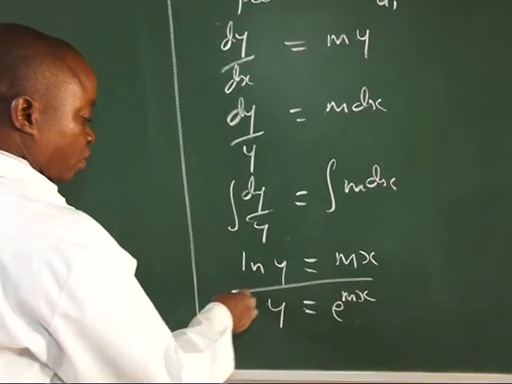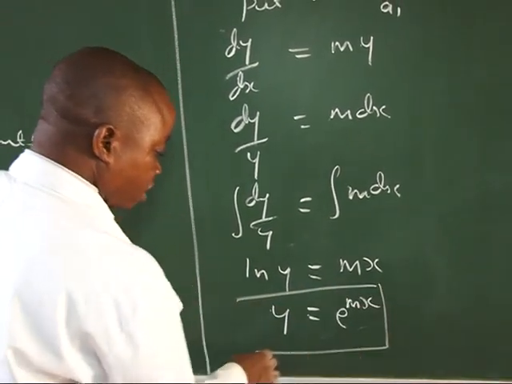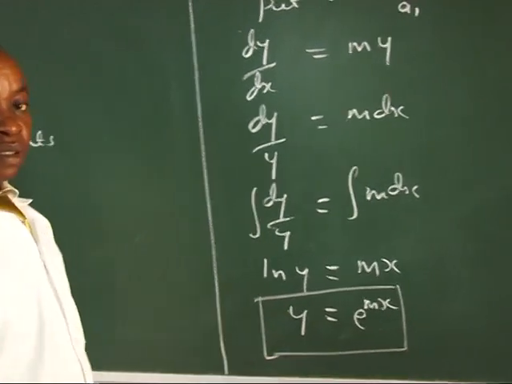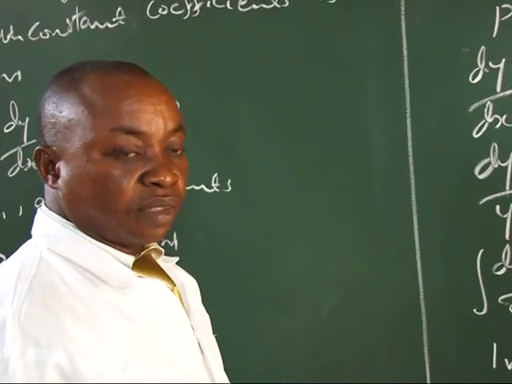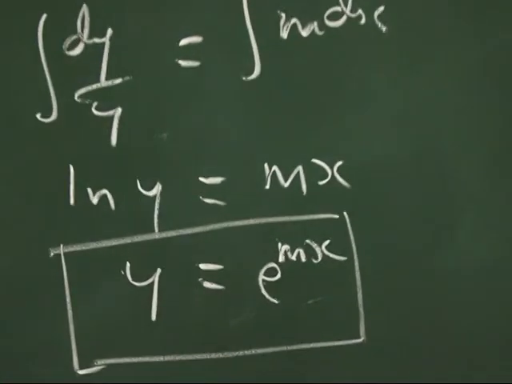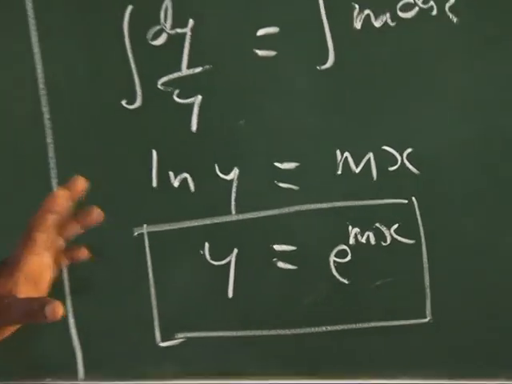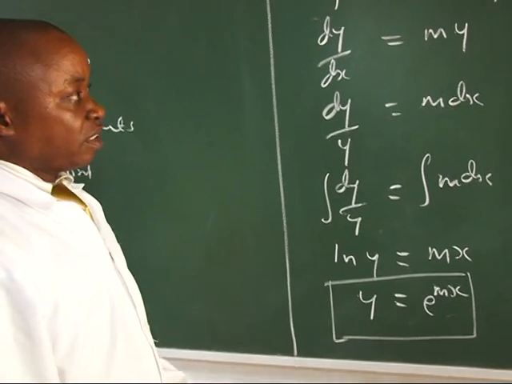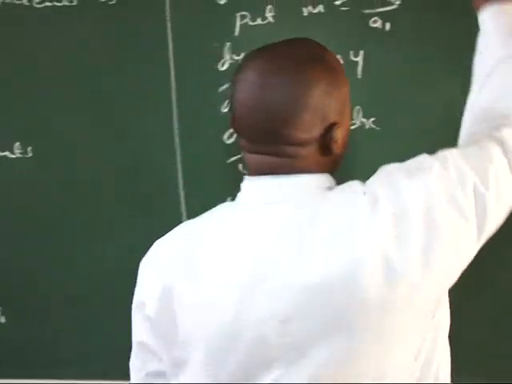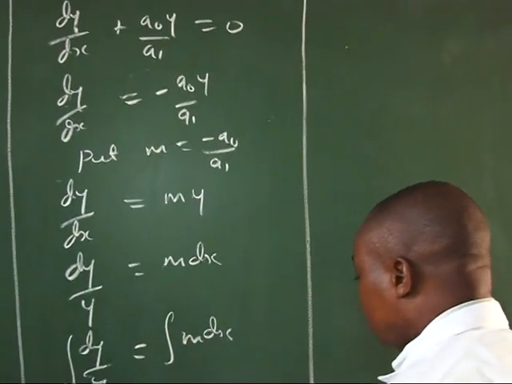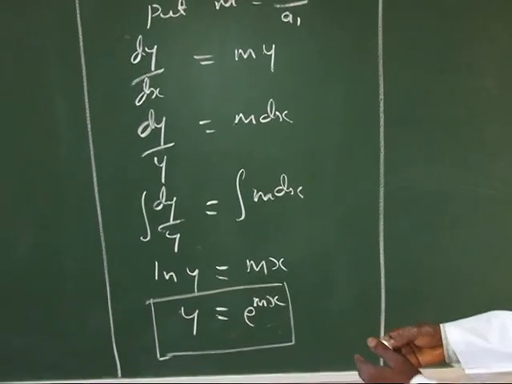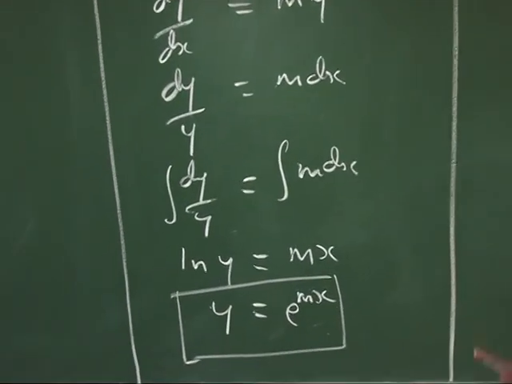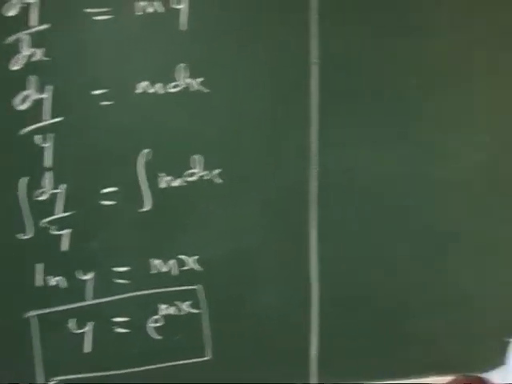This becomes the solution to the first order homogeneous differential equation with constant coefficients. Now observe that the constant of integration is neglected here. Now from here, let's relate it to the second order differential equation.